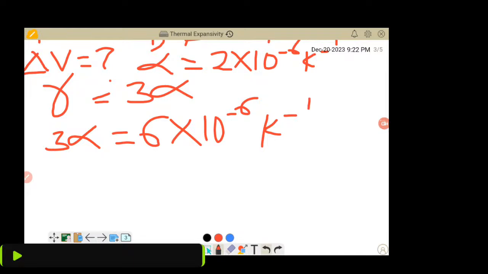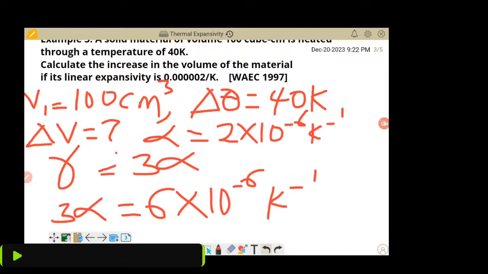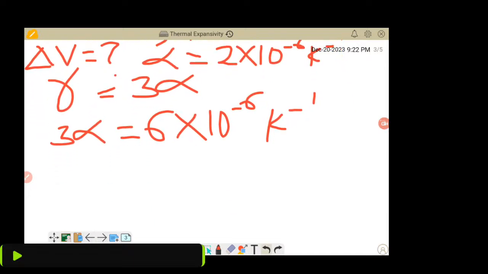And having that, we can now substitute into the equation, making delta V the subject of the formula.